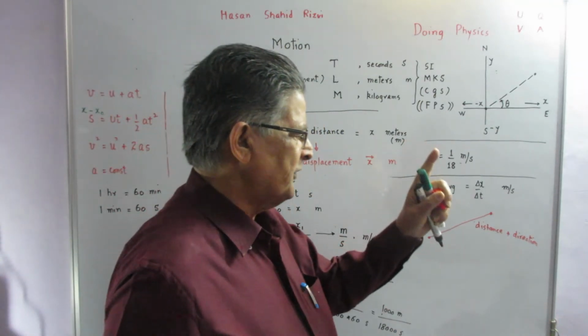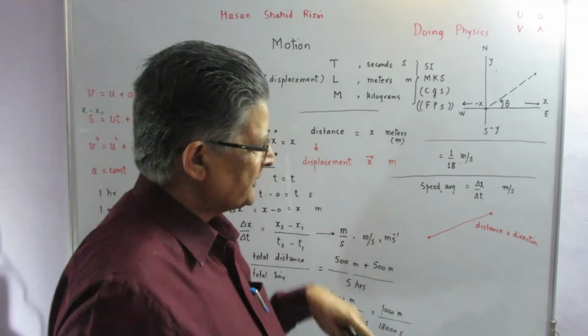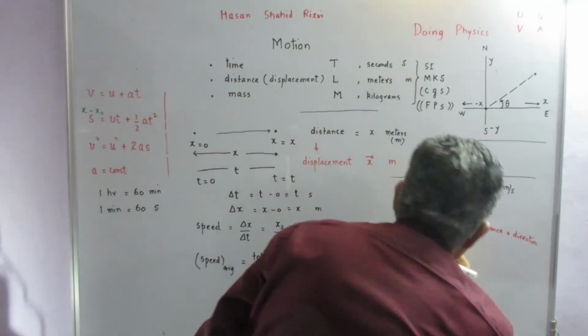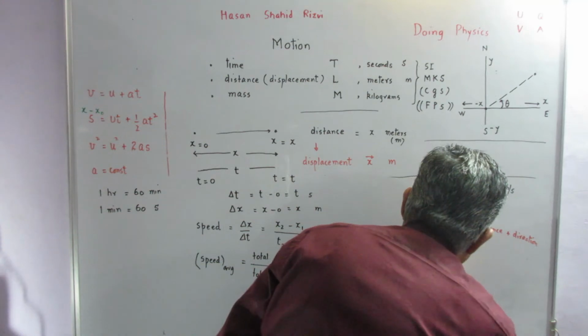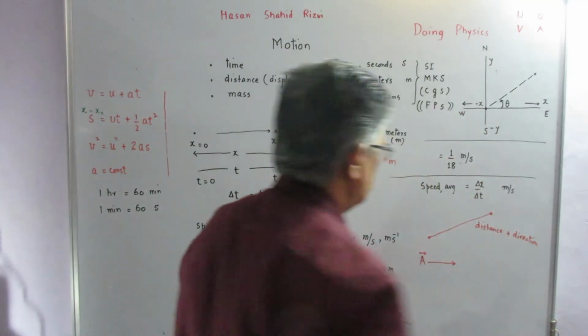If we are defining any vector quantity, suppose there is a vector A. A vector A has two features.